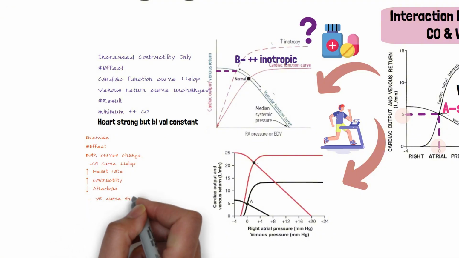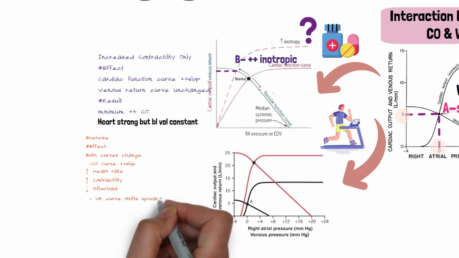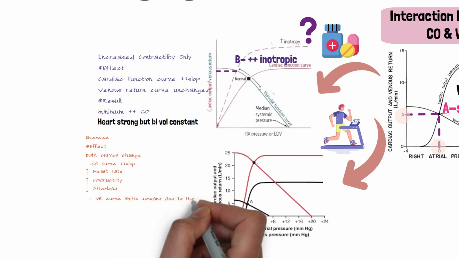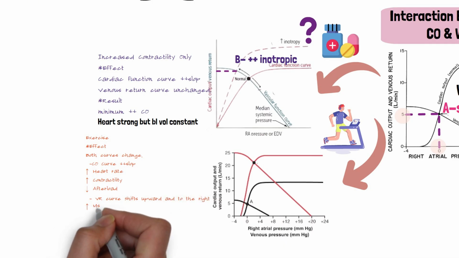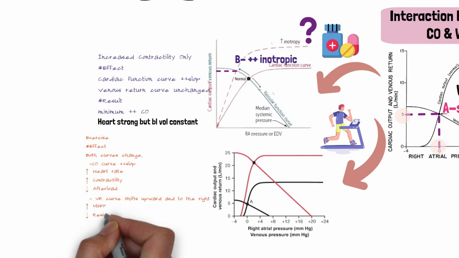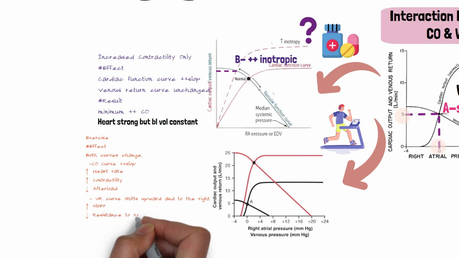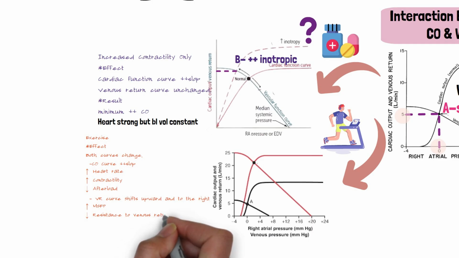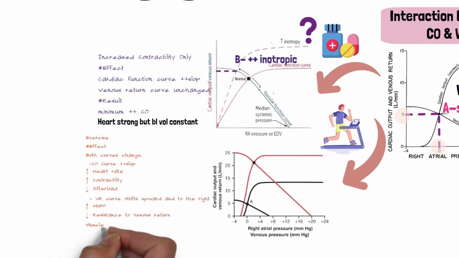The venous return shifts up to the right due to the increased mean systemic filling pressure by the sympathetic venoconstriction. Also, the resistance to venous return decreases due to arteriole dilatation by the metabolites. And also, don't forget that we have skeletal muscle pumps that pump the blood back to the heart.